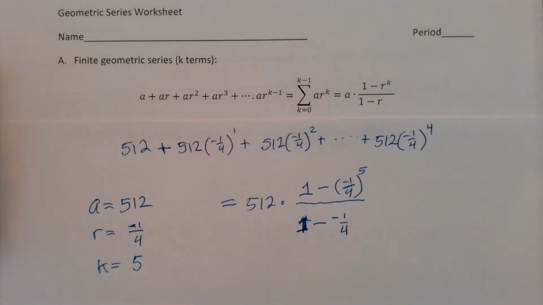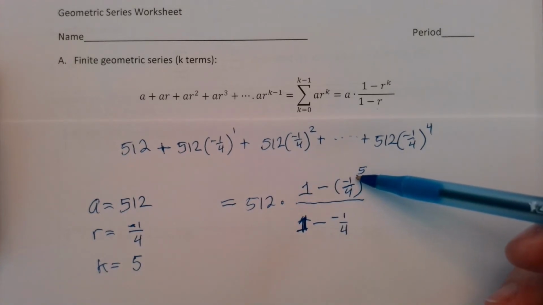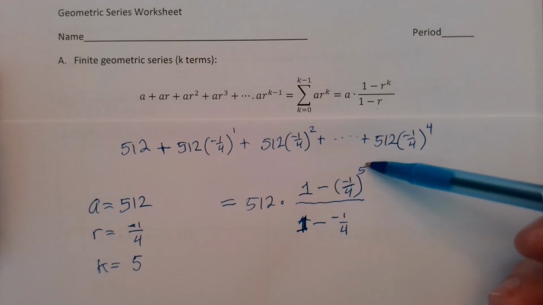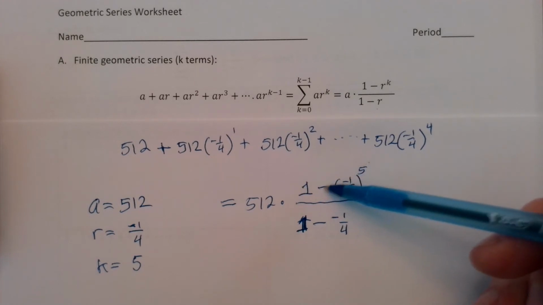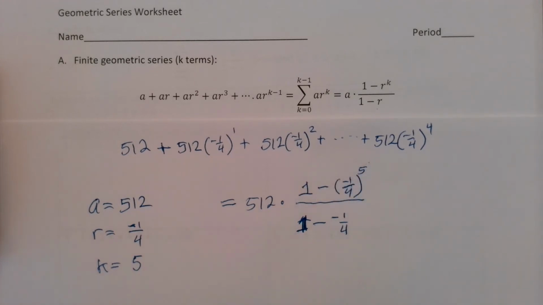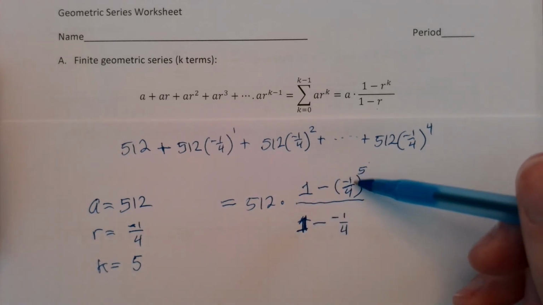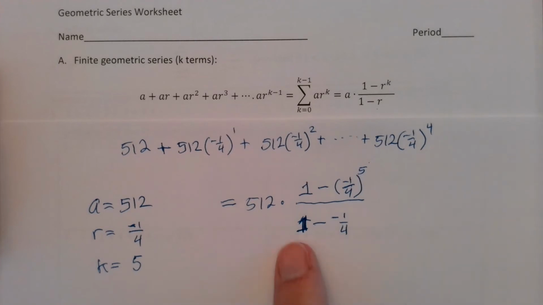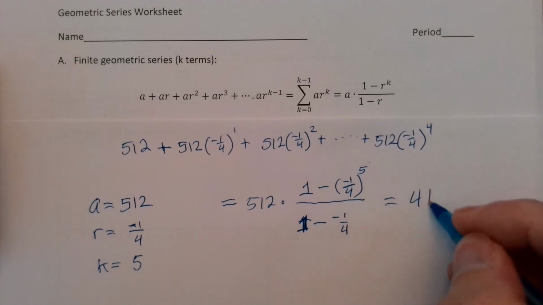And if you wanted to do all this in your head, have fun. This is a negative, because the odd power of negative is negative. And this is positive, because minus a negative is positive. So the top of this would look like 1 plus 1 over 1,024. This ends up being 1 plus 1/4. If you enjoy that kind of thing, go for it. I've previously worked this one out to come out to 410.